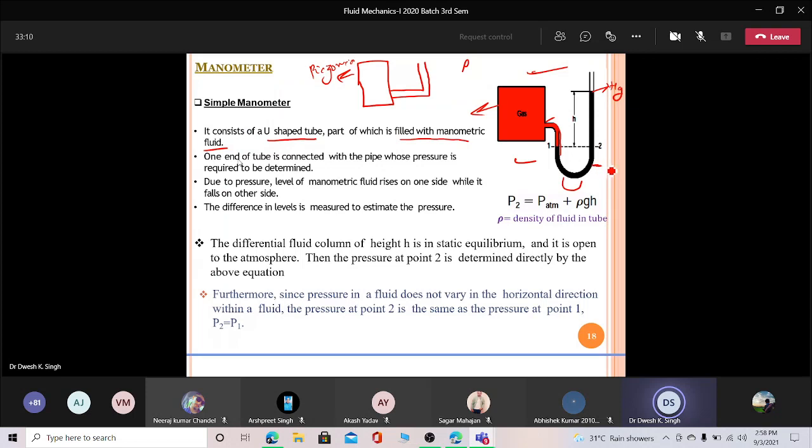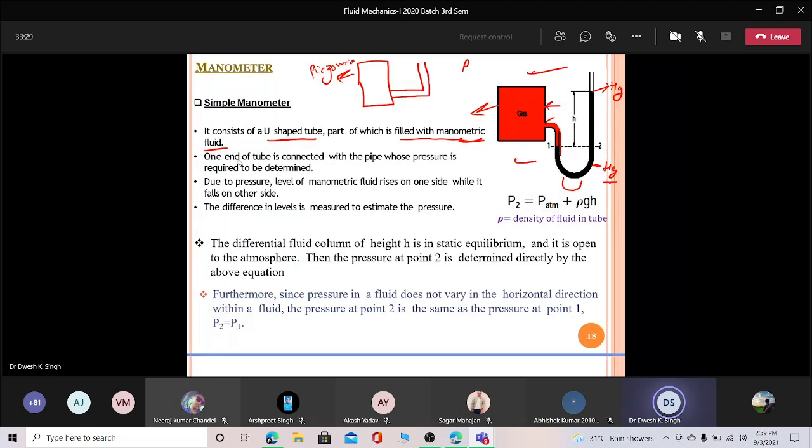This is not specific that it should be mercury, that's why it is called manometric fluid. That fluid can be anything whose specific gravity is larger than the fluid inside the container. That we have to check.